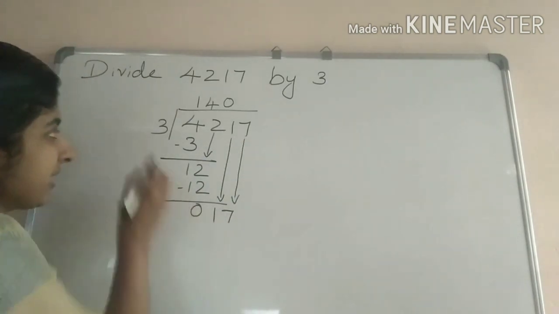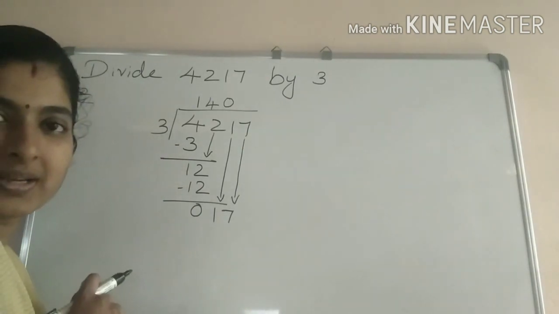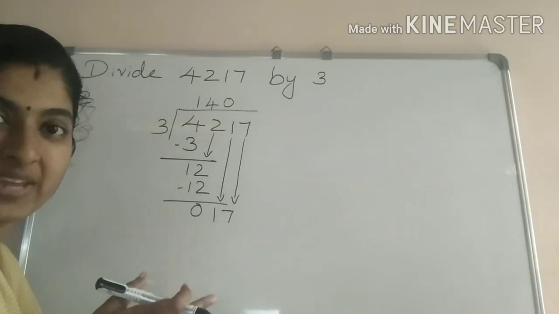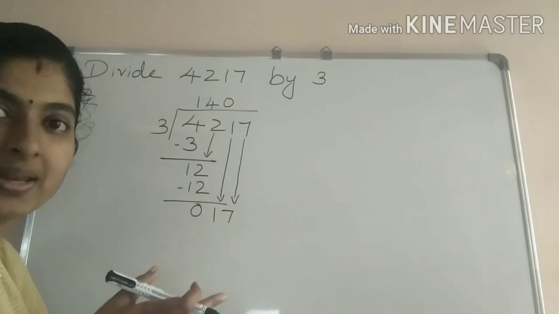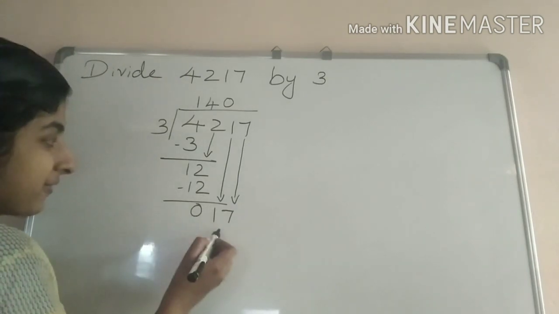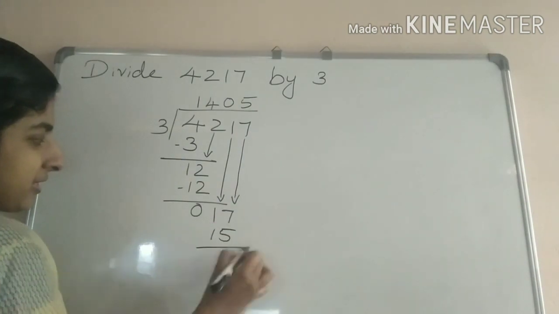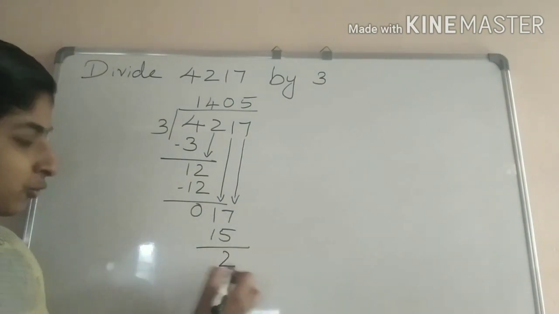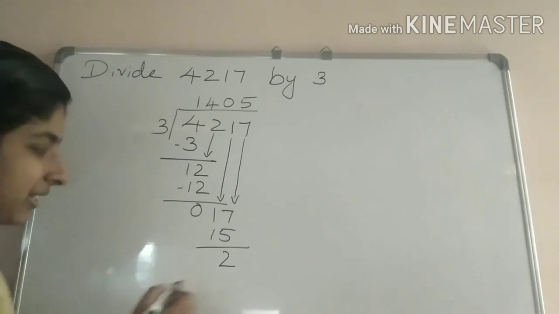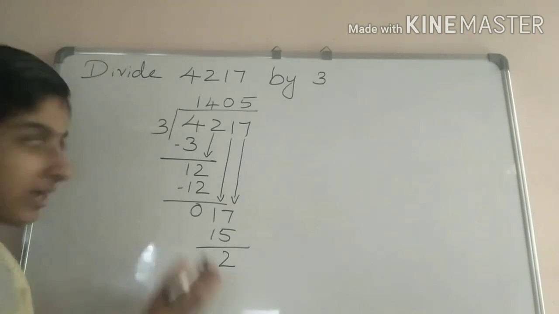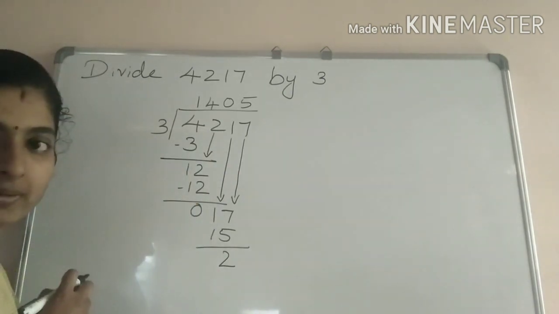Then 17 has how many 3's? Yes, 5 3's are 15, 6 3's are 18. Here only 17. 5 3's are 15. 17 minus 15, 2. Here with a remainder and with a regrouping.